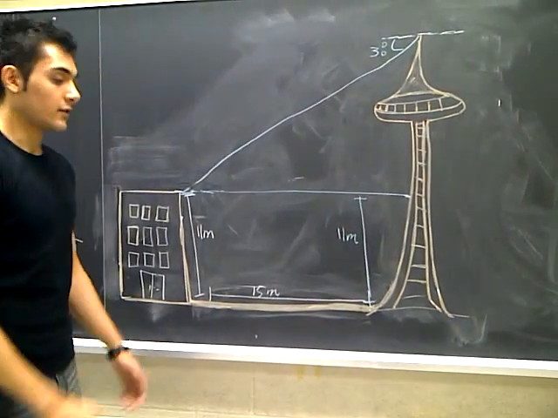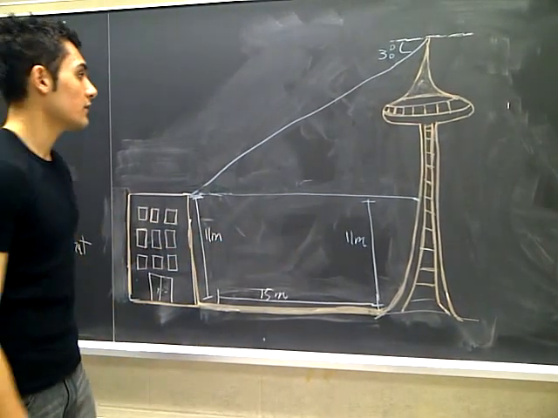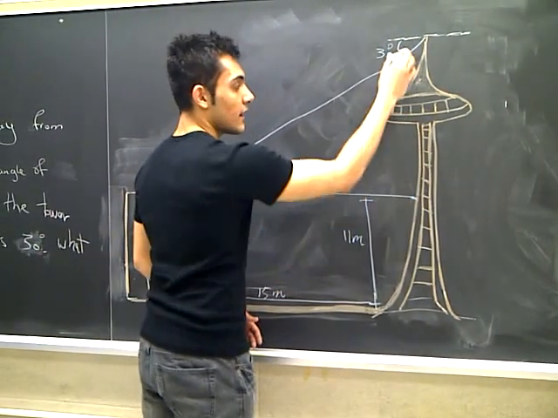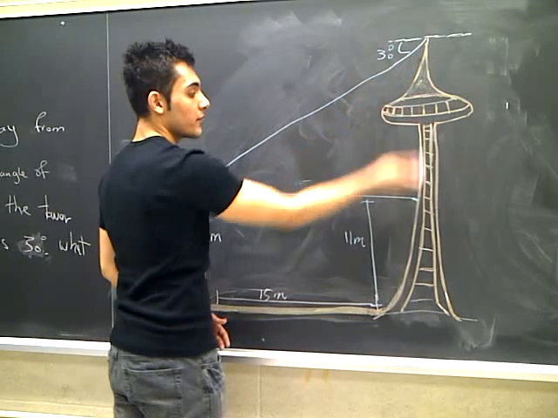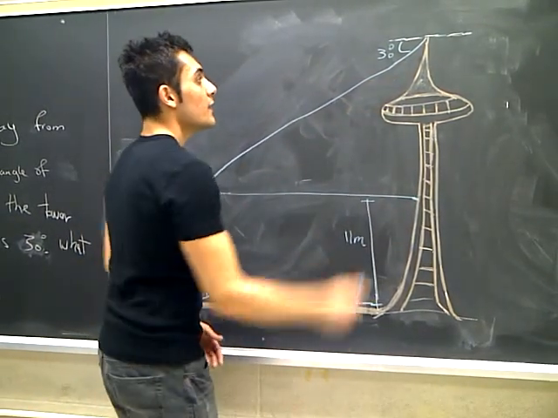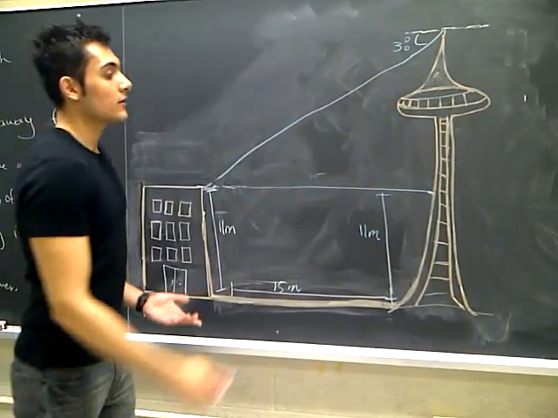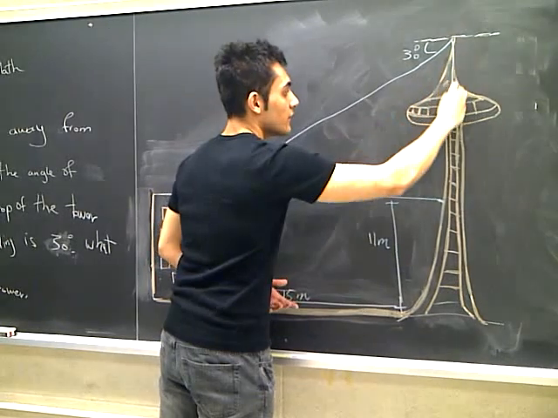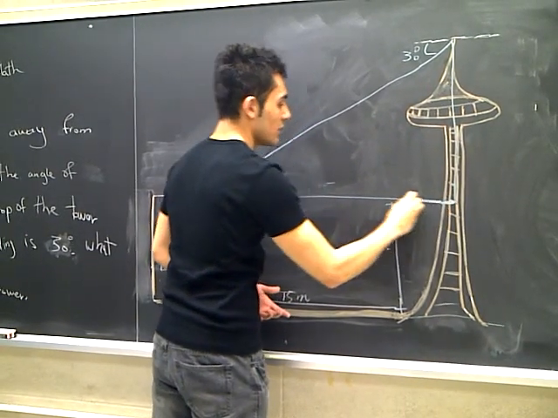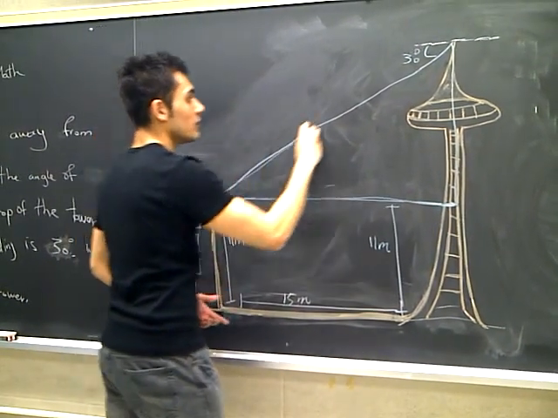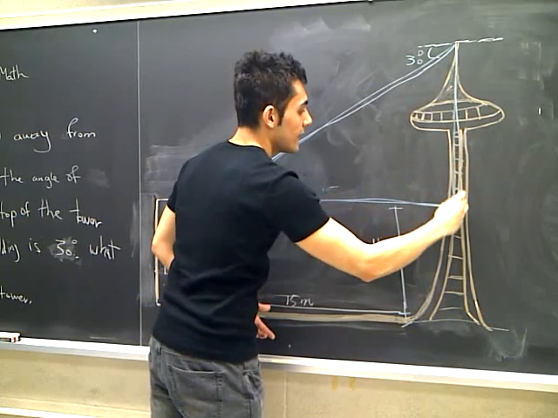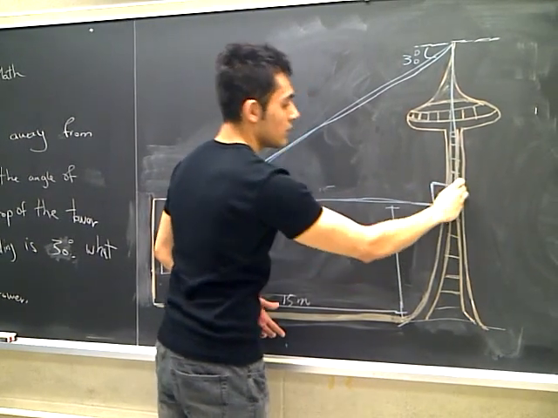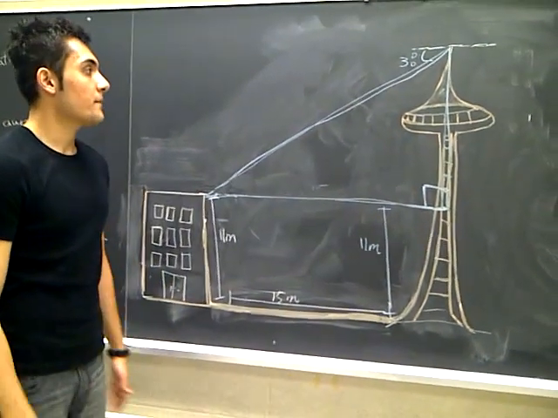That information is given to us. But what is left is the upper portion of the tower. For you to be able to calculate that, you have to turn this into a triangle. And once you do, you see that it is a right angle triangle.